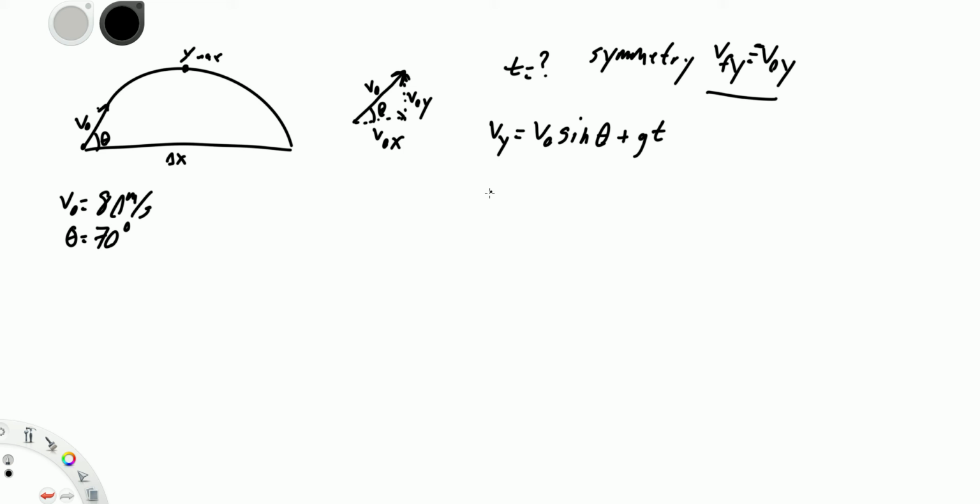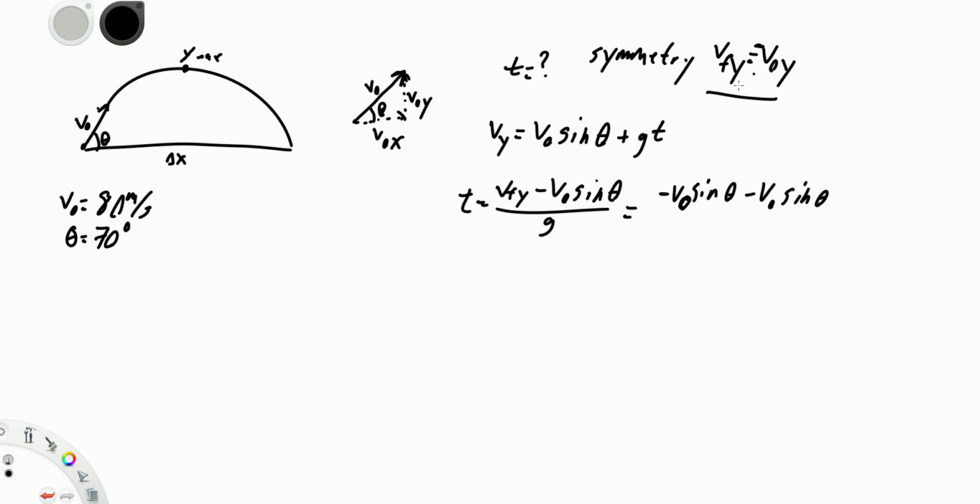So we can say T equals VFY minus V naught sine of theta all divided by G. That gives us, so if we say this is negative here, we can say negative V naught sine of theta minus V naught sine of theta.